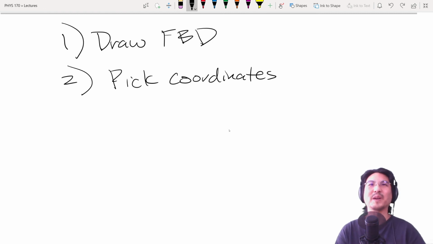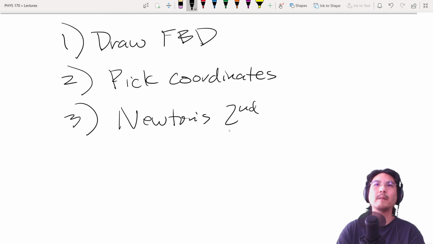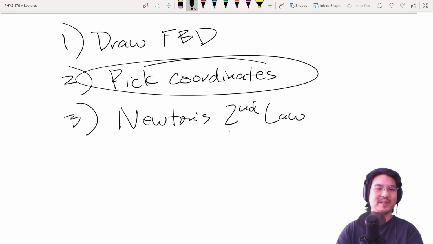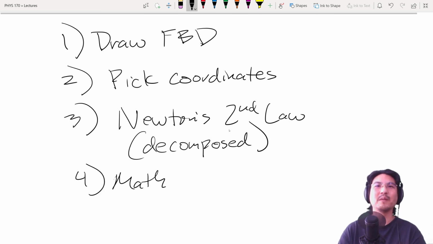You should draw the free body diagram first, then you pick your coordinates. Then you write Newton's second law, but decomposed into the coordinates that you picked here. And then last step, you solve whatever math, right? Solve math.